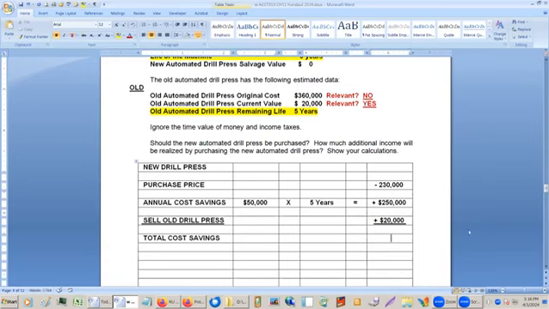I shouldn't have done it like that. This is the unhappy coincidence between the 250, the 30. I don't know why I did that. All right, so this would be a positive 40,000.